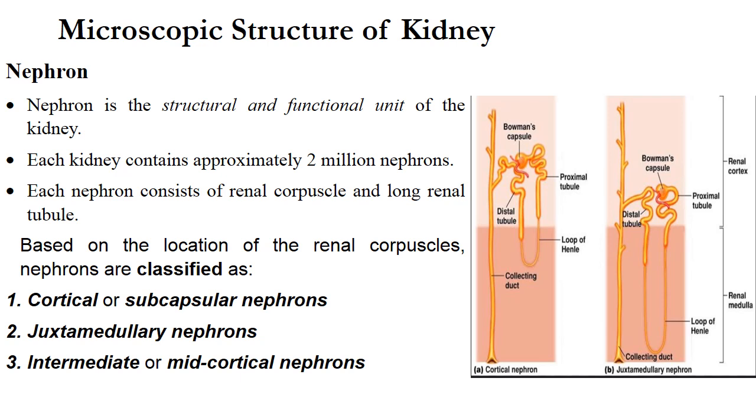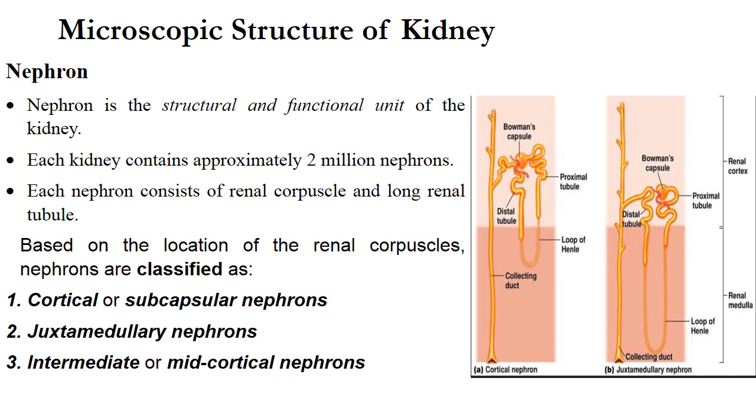Nephron is the structural and functional unit of the kidney, and there are about 2 million nephrons in each kidney. These nephrons are formed by renal corpuscles and long renal tubules. Now, renal tubules include proximal convoluted tubule, ascending descending limb and the loop of Henle, and the distal convoluted tubule.